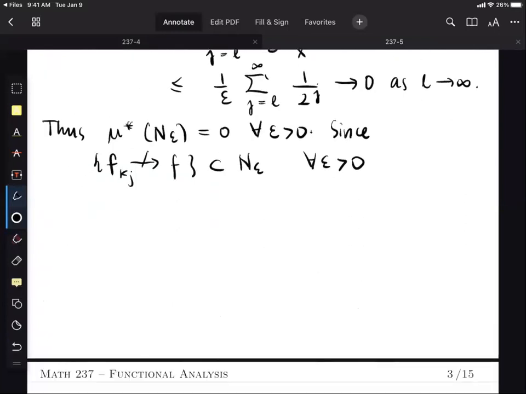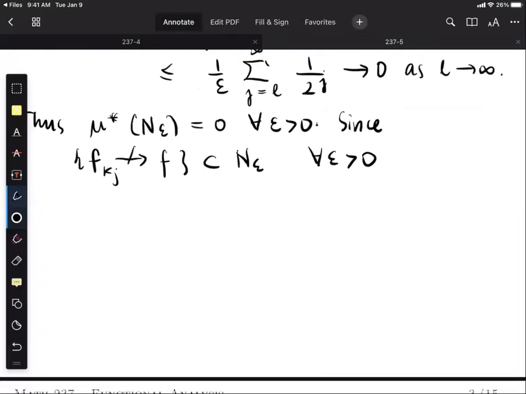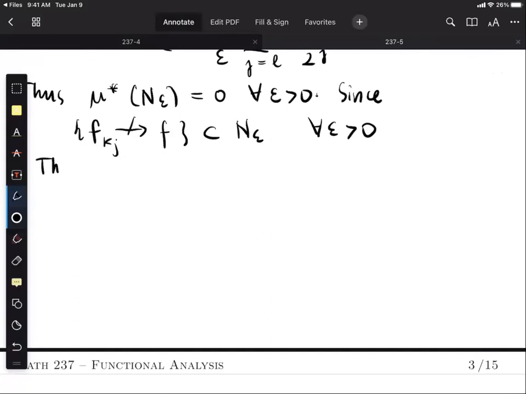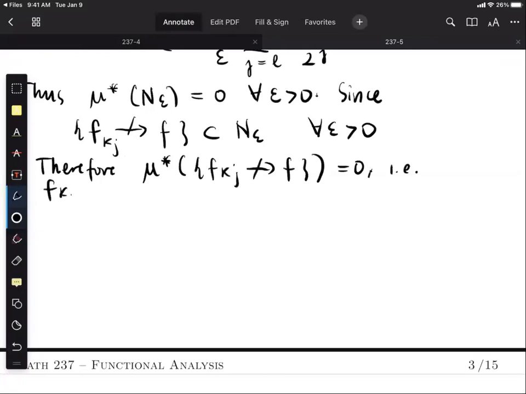So since this is the case, applying the monotonicity of the outer measure, and since the outer measure of the larger set is 0, then the outer measure of the smaller set, that is the set where we do not have convergence, is 0. So in other words, we have convergence almost everywhere.